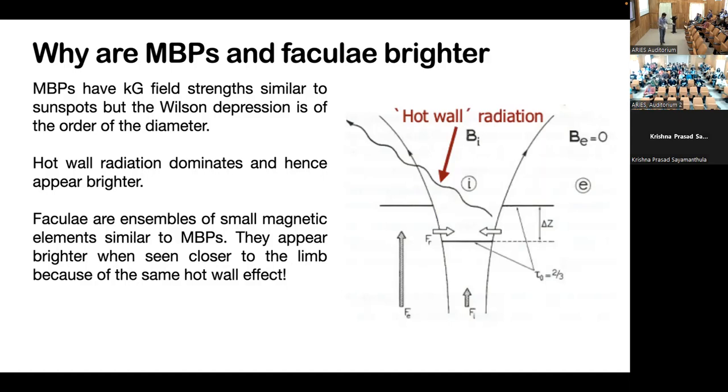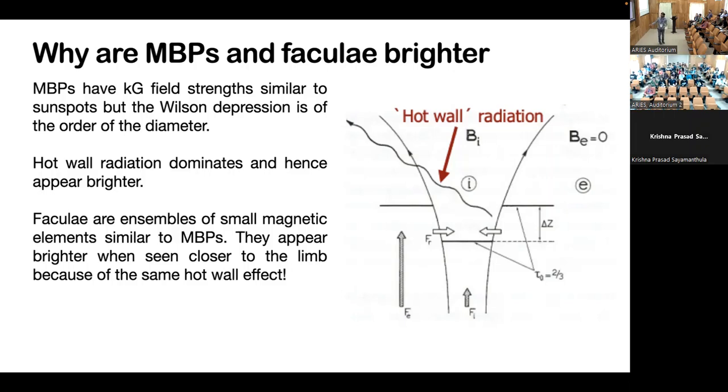Imagine the bright point is a magnetic structure, which means you have a magnetic flux tube. These lines represent the boundaries of this magnetic flux tube, the boundaries of the bright point. This is the tau equal to 1 layer outside, and this is the tau equal to 1 layer inside. So inside, this surface is slightly lowered.